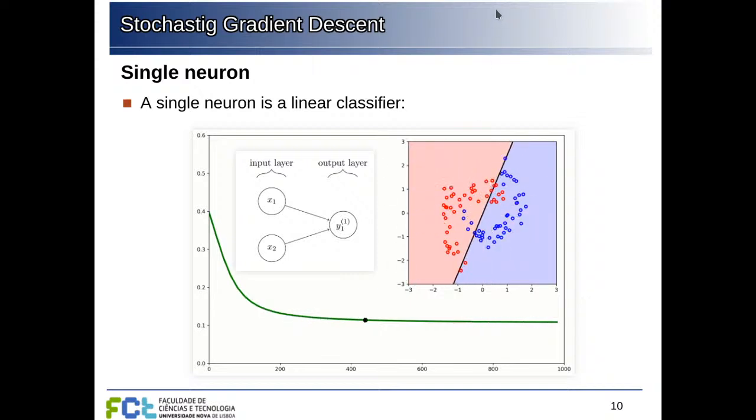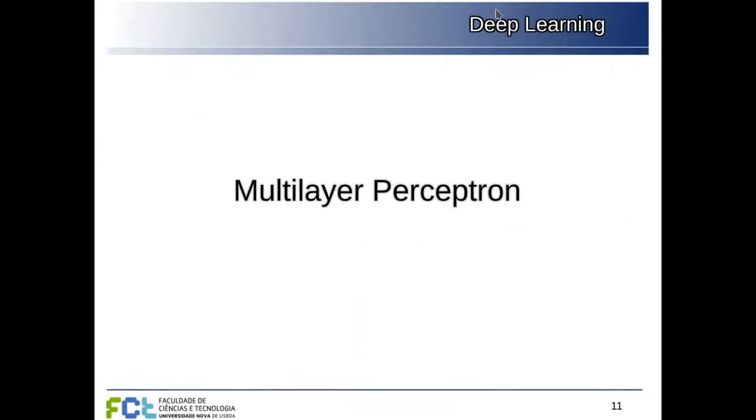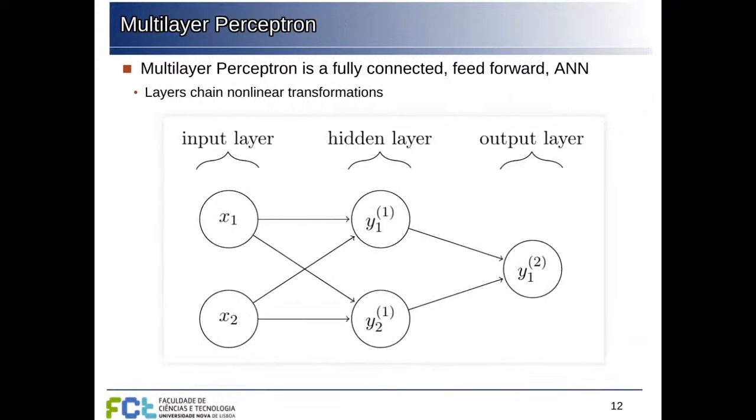So this is just for a single neuron, and a single neuron is not very useful because it's only a linear classifier, and we have better ways of solving these kinds of problems of linear classification without using the neuron and training like this. But the power of the neural network comes when we start stacking neurons into deeper networks.